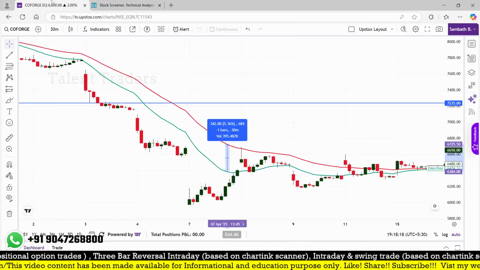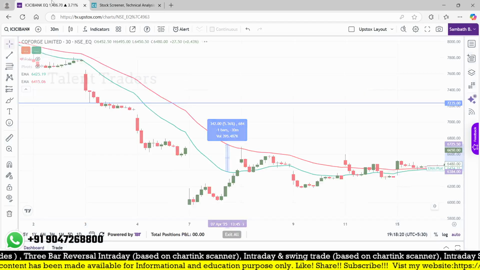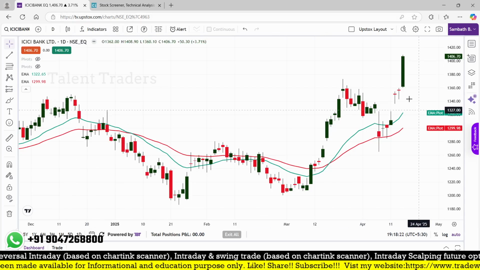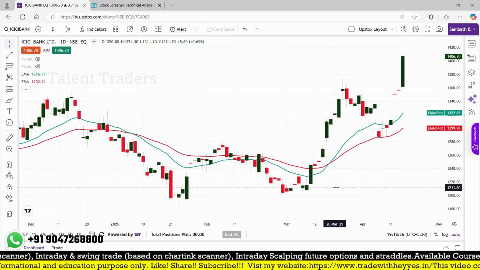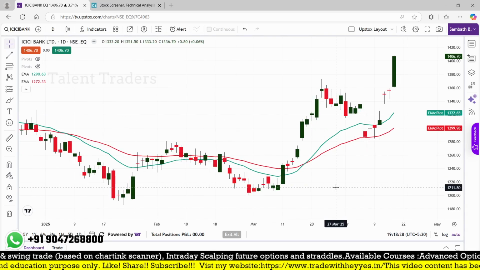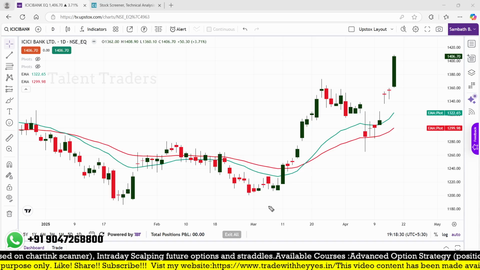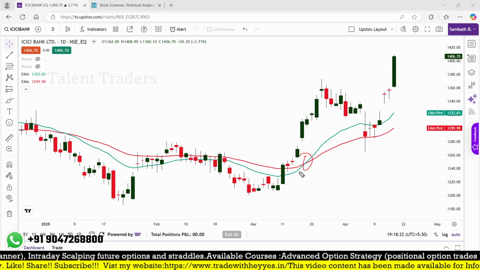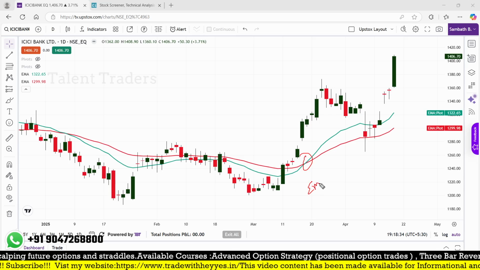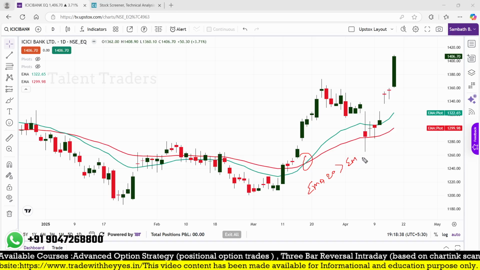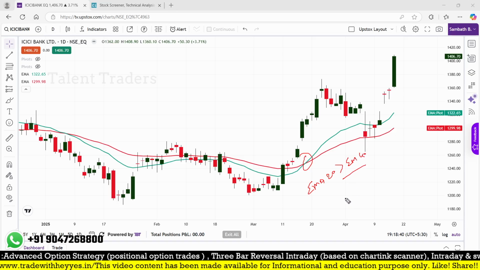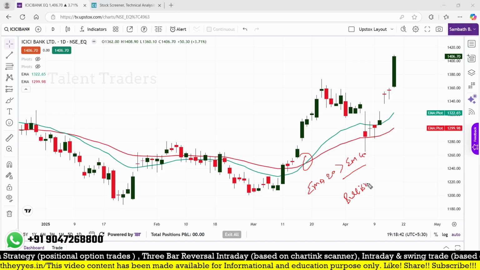Why? Because ICICI will already be in the list, and let me take it, where you can see it is greater than. This is my exact point, where I'm going to create the scanner. This moving average crossed over on the daily time frame. That means EMA 20 should be greater than EMA 40, so maybe bullish.